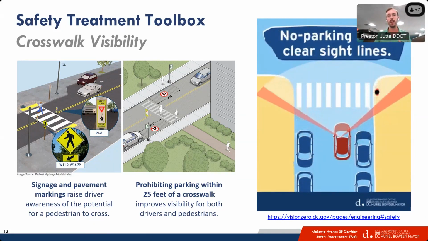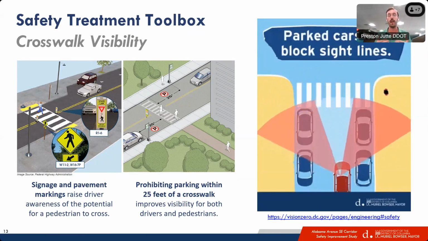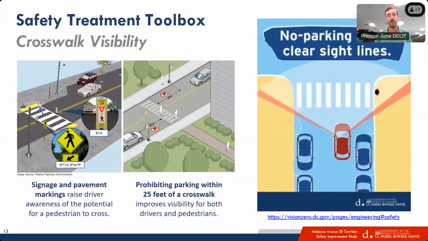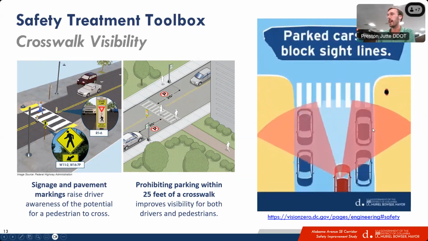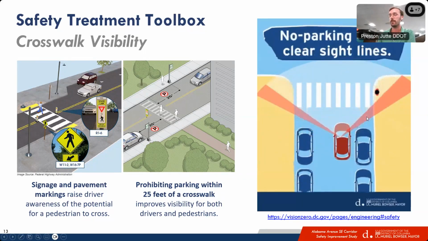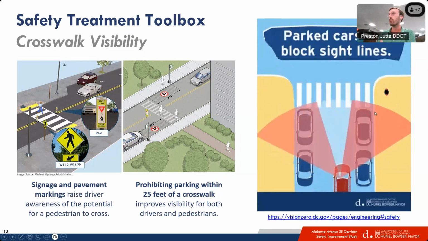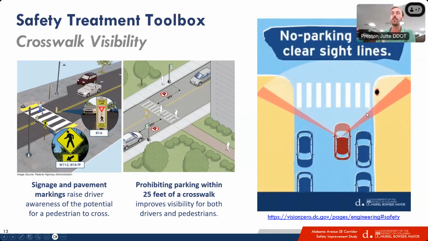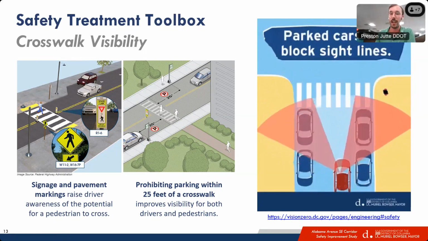And this graphic on the right, for me, is a really great explanation of why that's so important and why that's an absolute must for us along the entire corridor in implementing safety treatments. You can see on the right side, when vehicles are parked right up against the crosswalk and a vehicle is coming with a pedestrian maybe waiting to cross, the driver really can't see, or it's very difficult to see, a pedestrian until they're essentially already at the crosswalk.